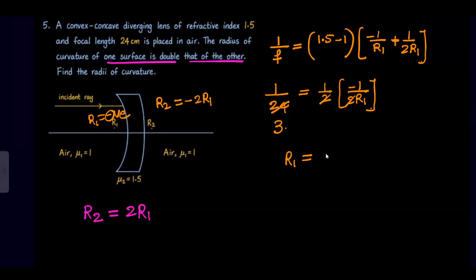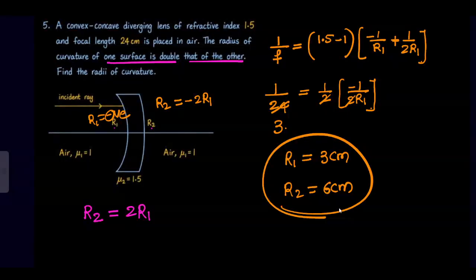Cross multiply, which will be equal to 3 centimeters, right? Then R2 value is equal to 6 centimeters. The negative sign is because of the directions. Check it.